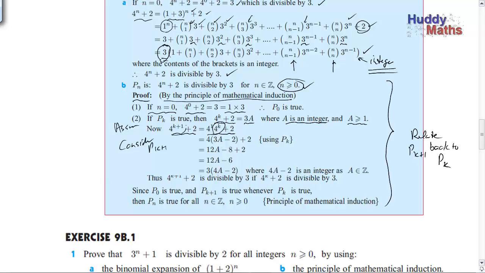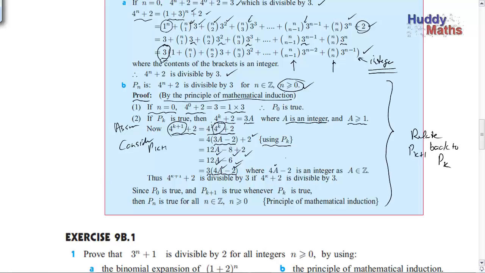So 4 to the k plus 1 is 4 to the 1 times 4 to the k, which is 4 times 3a, and we're allowed to use that using the proposition in k. This is the inductive step here. Plus 2, so 12a take 8 plus 2, 12a take 6, and 12a take 6 is here. We can factorise this, take 3 out, 12a becomes 4a, take 2.